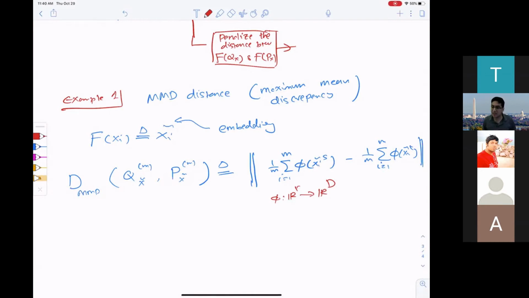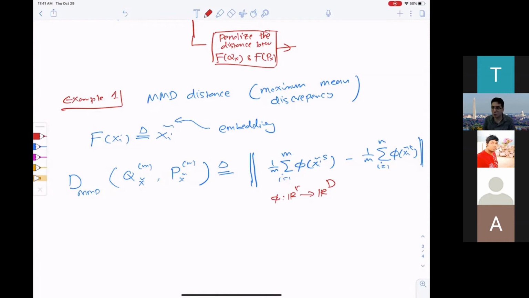So that's basically the definition of the MMD distance. You pick a function, this function is fixed, we are not optimizing over this function. Then you apply this function on the source samples and target samples and look at the mean difference between the two. That's the MMD distance.